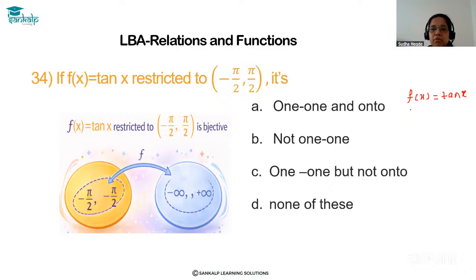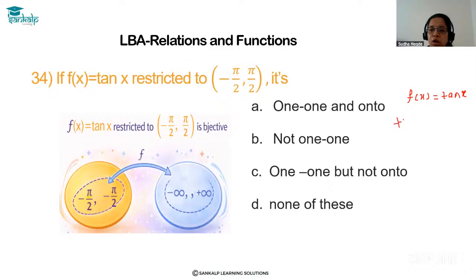If you apply the function like sin x, sine pi by 3 and sine pi by 6, any in between 0 to pi by 2 or minus pi by 2 to 0, they are not equal. Correct? You can check it, pi by 3, pi by 4, pi by 2. None of them are equal, right? In case of sin x or cos x or tan x.